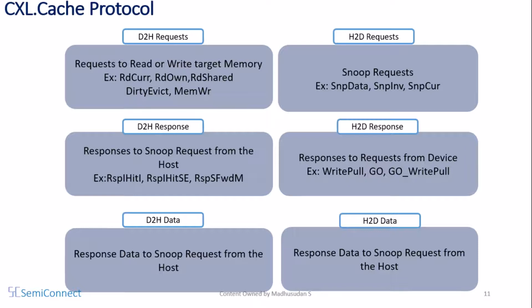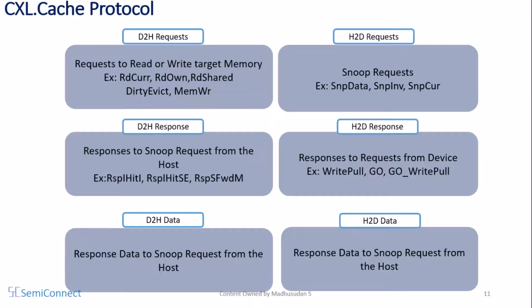And when the host responds, it will respond saying, here is the data that you requested, but this data is in invalid state. That means the device cannot actually cache it. So basically, read current tells the host, I want to read this cache line, but I'm not going to cache it. Give me the latest copy of this data.